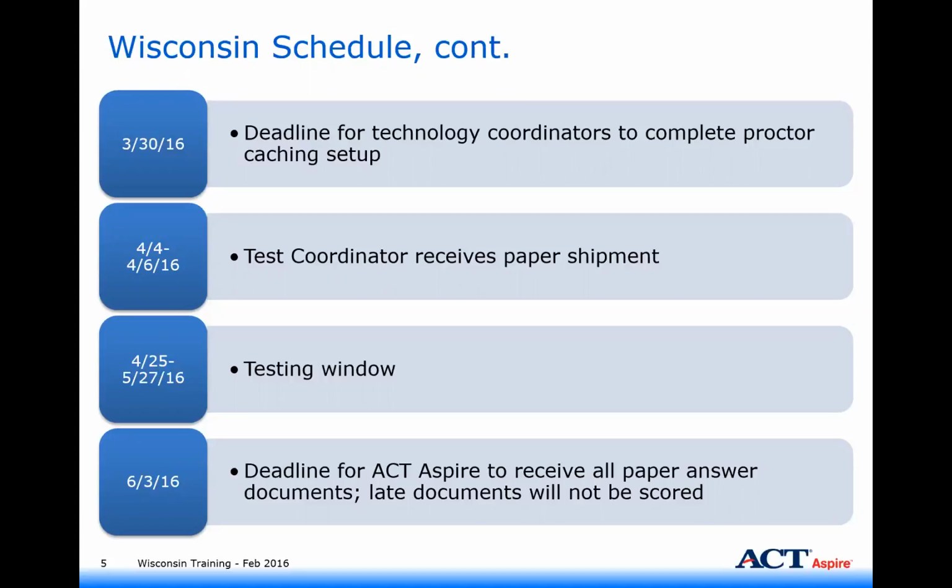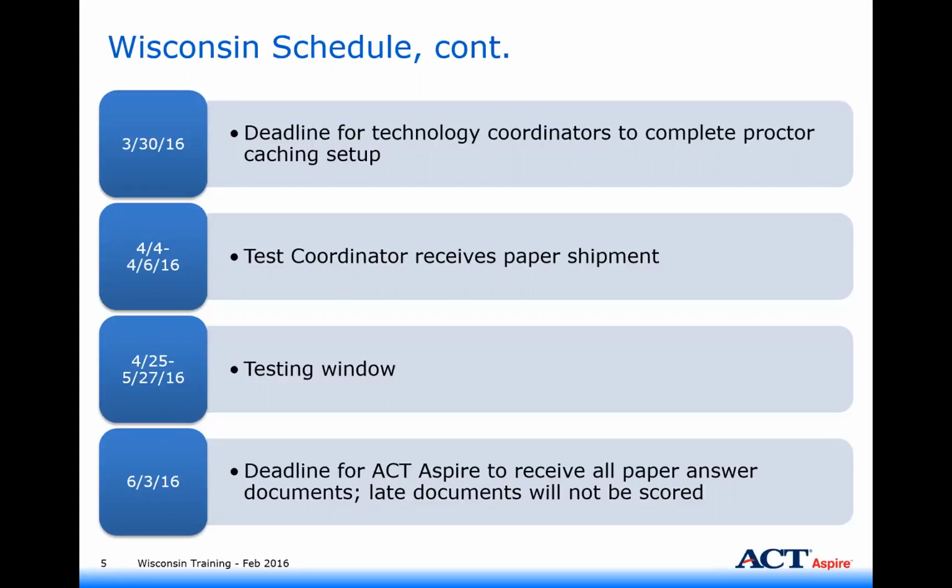And Proctor caching is free supplied technology that you can install on any computer to ensure that you're reducing the bandwidth requirements for delivering your online assessments. So Proctor caching is very important. You want to make sure your technology coordinators get that set up so that, again, you're reducing the internet service provider requirements, the ISP requirements, in order to deliver the content to your students.